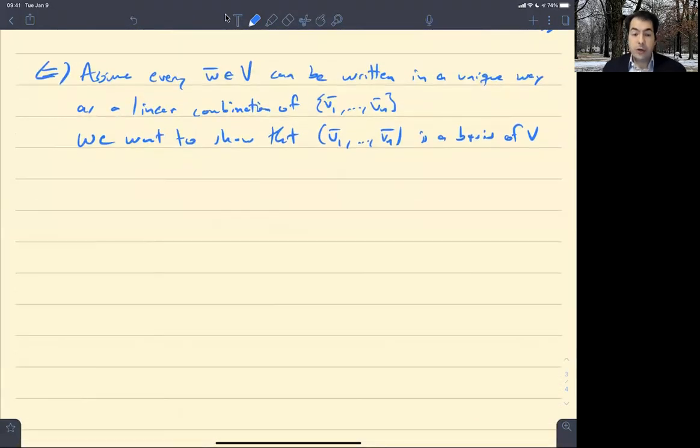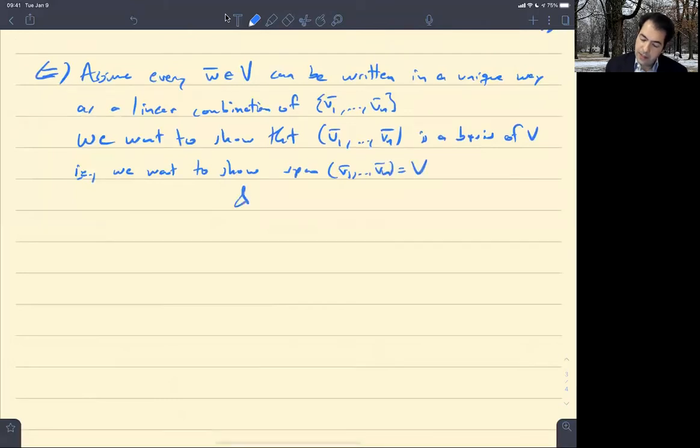Okay, so to show that something is a basis, we need to check two things. We need to check that it spans and that it is linearly independent, right? So, i.e., we want to show that the span of v1 through vn is V, and that v1 through vn is linearly independent.